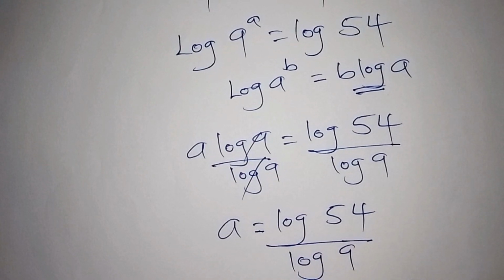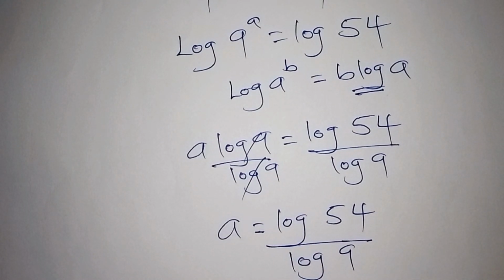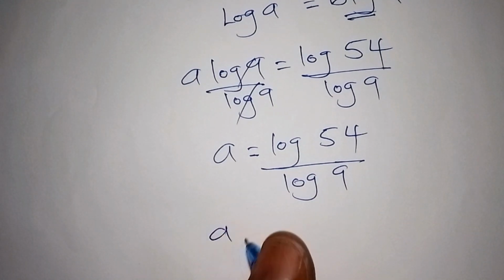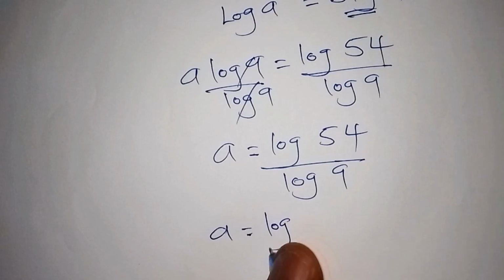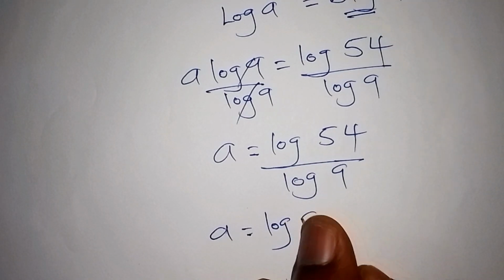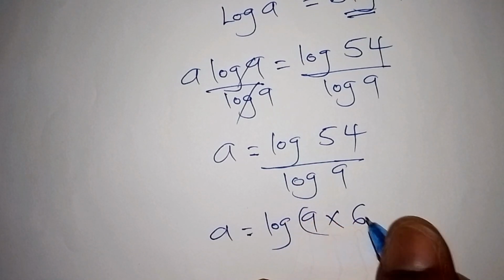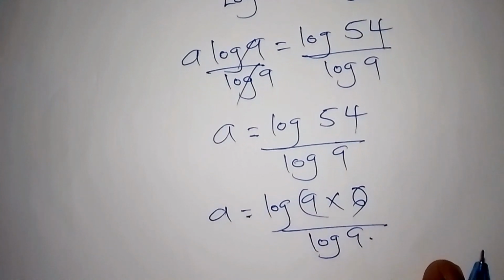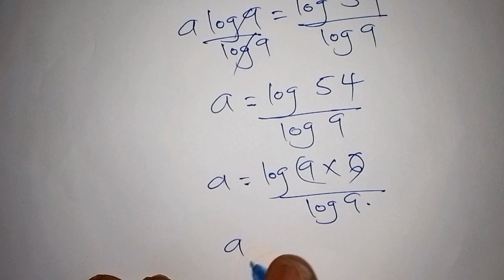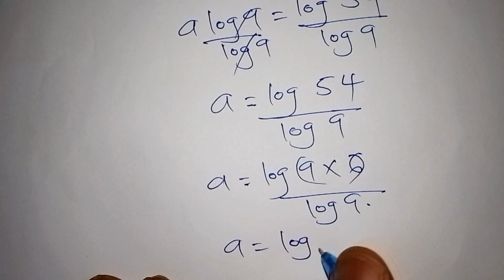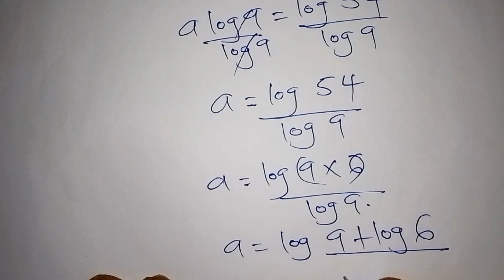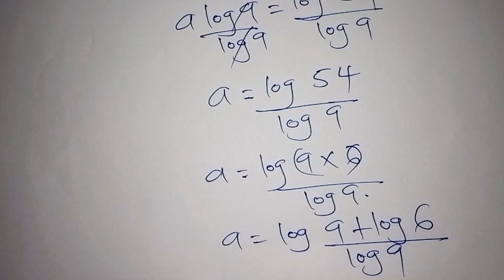This is not the answer, you can still go ahead and factorize it. So a is equal to the log of 54, which can be written as the log of 9 multiplied by 6, all over the log of 9. This can be written as a is equal to the log of 9 plus the log of 6 all over the log of 9.